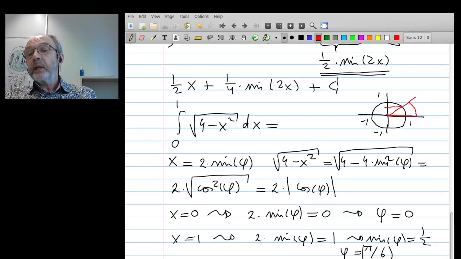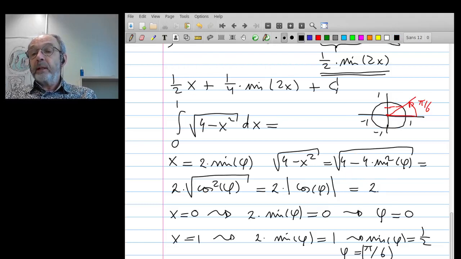And you see that you have here that angle pi divided by 6. If the angle is between 0 and pi divided by 6, the cosine is positive, no problems, and so we can let that absolute value away.